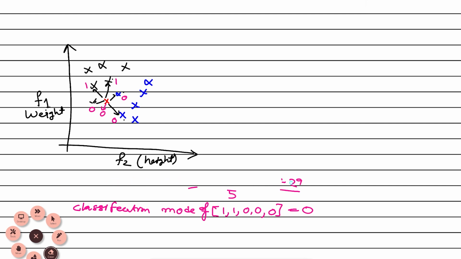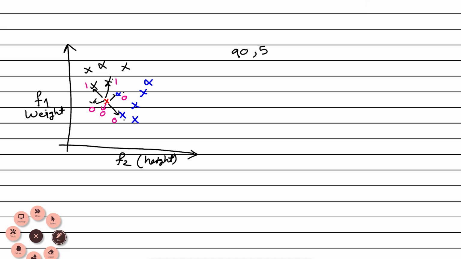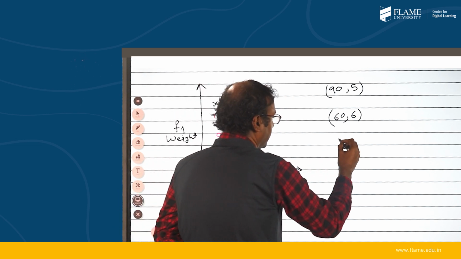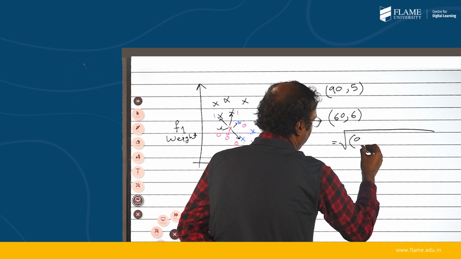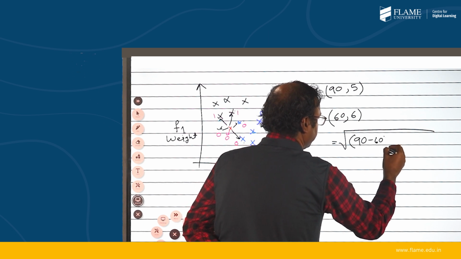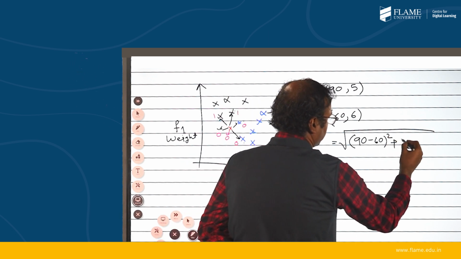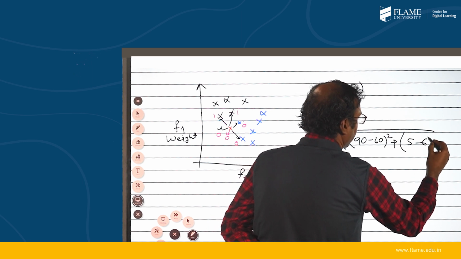If I write the expression, suppose I have 2 points with feature 1 and feature 2, let's say weight is 90 and height is 5 feet, and another point has weight 60 and height 6. Then the Euclidean distance will be the square root of (90 minus 60) squared plus (5 minus 6) squared.